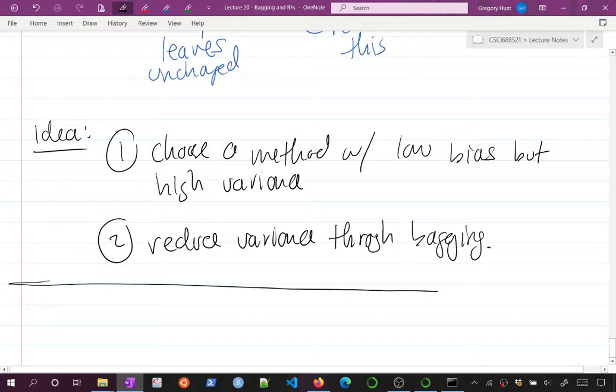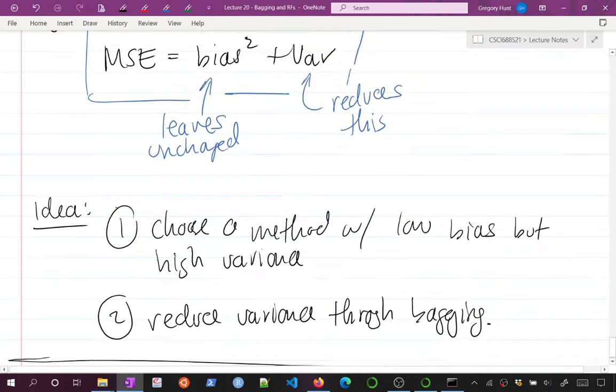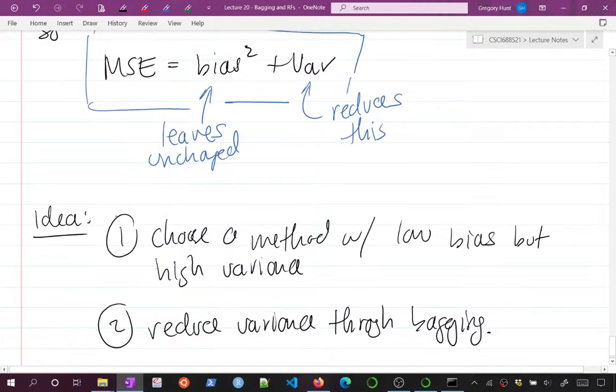Bagging cannot help bias. The bias is whatever it is. So if we want the bias to be small, we need to choose our base method, the f little b's, to be really low bias. Luckily, something that's low bias tends to have a high variance.